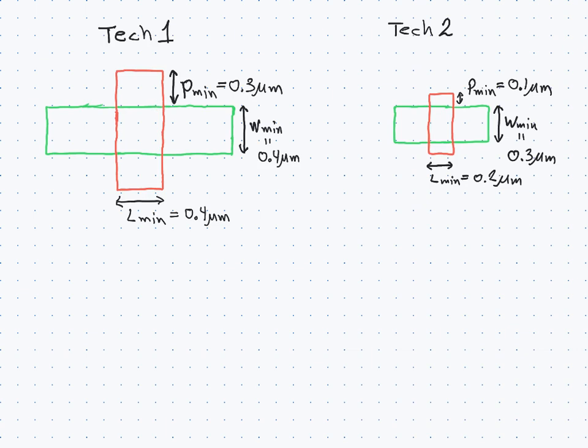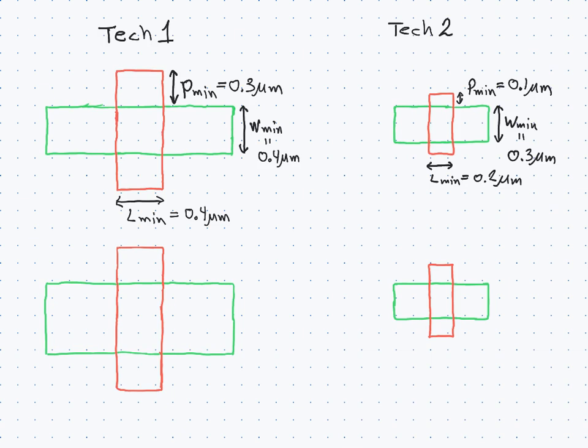And we can see that the minimum transistor width in technology 1 relative to the minimum transistor length is smaller than it is in technology 2. So we can construct a conservative layout where we don't break any of the minimum rules in either of these two technologies, looking something like this in technology 1 and something like this in technology 2.